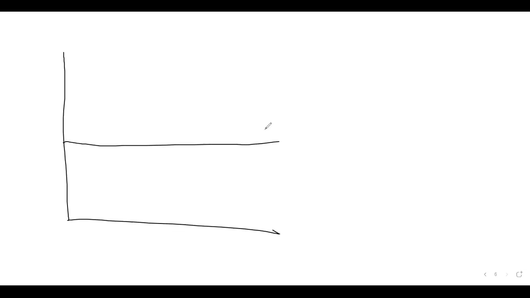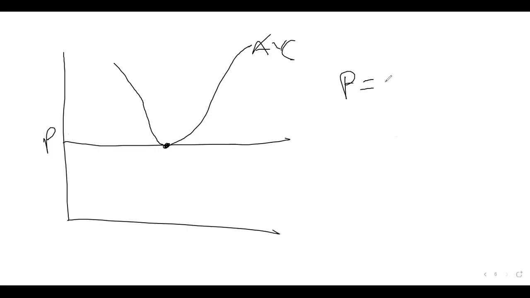Another scenario here is that when the two of them are equal, it becomes like this. That means that the price is not more than the average variable cost. Now, what it means is that the point where the firm can decide to continue production or to shut down is where the price is equal to the minimum of the average variable cost.